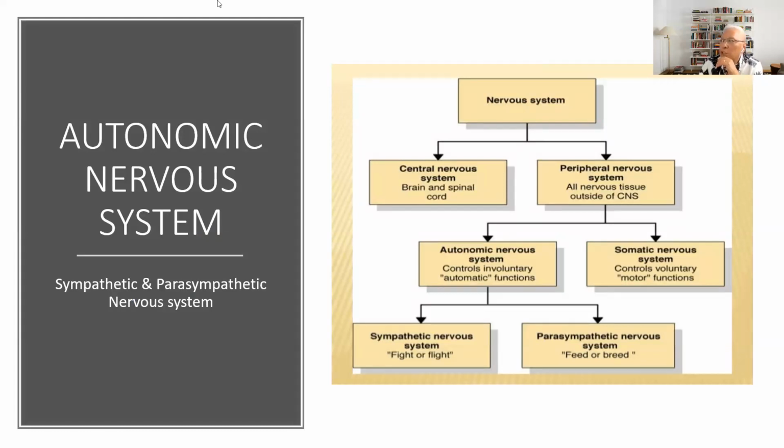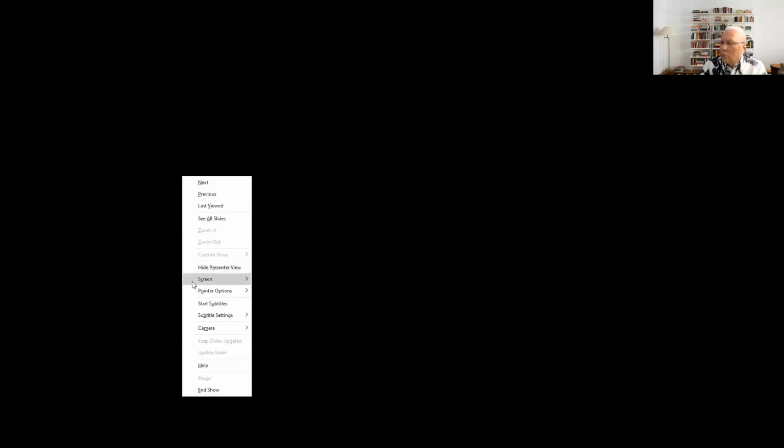When we talk about the autonomic nervous system, we actually talk about two systems, the sympathetic and the parasympathetic nervous system. So let me just draw something here. Okay. So one of the functions of the sympathetic nervous system and the parasympathetic nervous system is, of course, its effect on the heart, as well as the cardiovascular system.